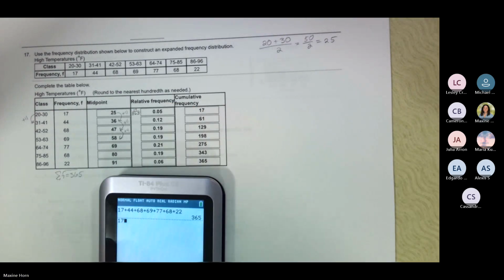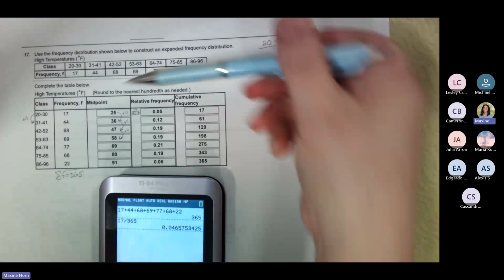I feel like I'm writing really small. This has a frequency of 17. So we're going to do the part over the whole. We're going to do 17 over 365. And we're getting this decimal. They told us to round to the nearest hundredth as necessary.